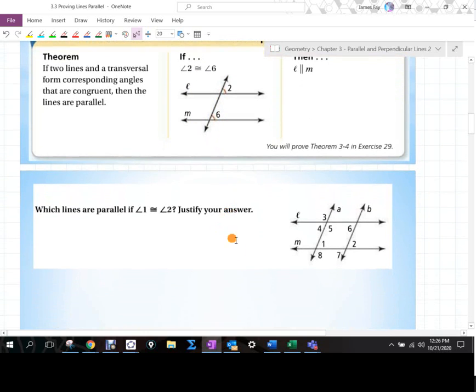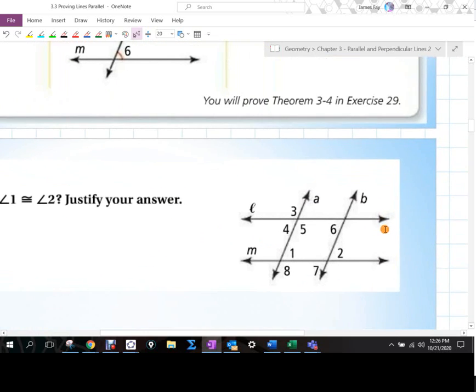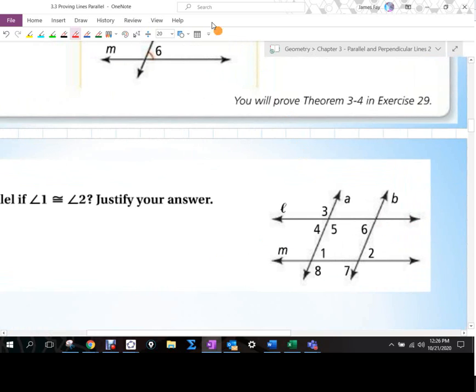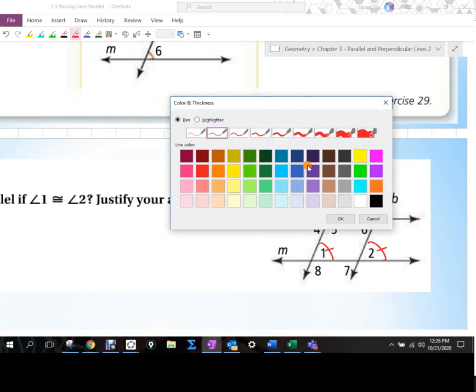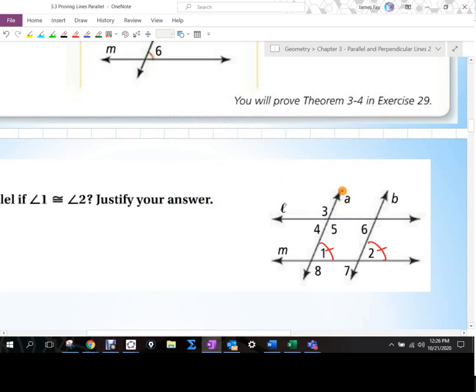If I look at this picture here, and I tell you that angle 1 is congruent to angle 2, that's what we know. What lines would you be able to tell me are parallel then? Careful, lines A and B. When you look at angle 1 and angle 2, I'm going to highlight the lines that make up angle 1.